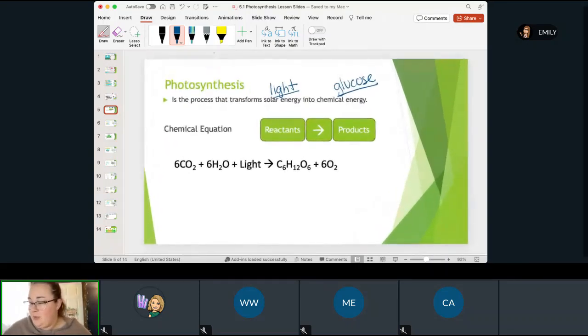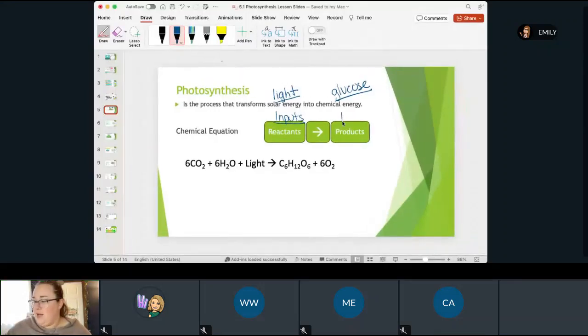So these are your inputs. Okay, and then products are what come out of the reaction. Okay, they're what get produced. So these are your outputs. Okay. Now in photosynthesis, we have 3 inputs and 2 outputs.